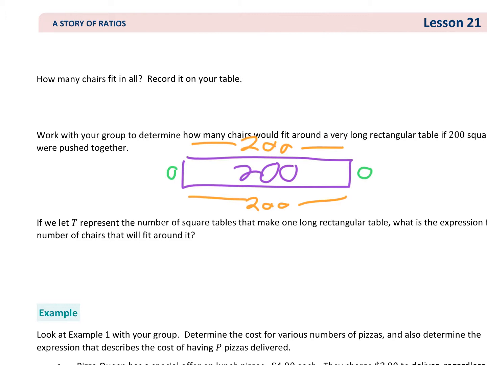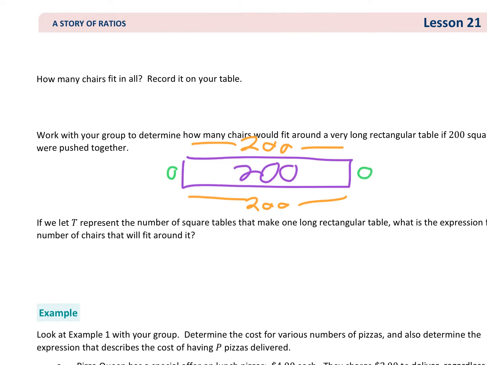So if we let T represent the number of square tables that make one long rectangle, what's the expression that we could write? Well, it's looking like I'm always going to have 2 times the number of tables, right? I have 200 here, so I've got that times 2.